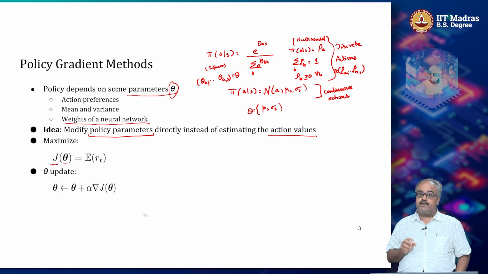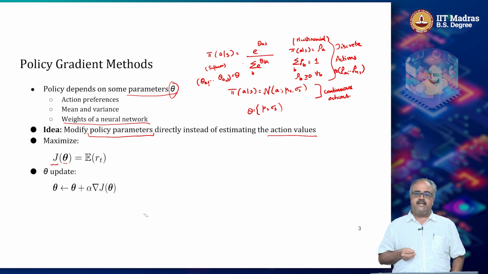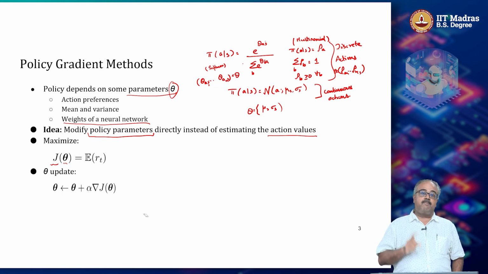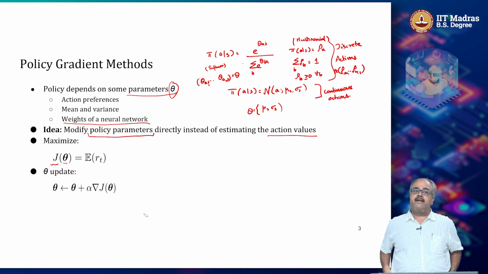So whenever I change the value of theta, I am actually changing the policy itself. If I fix my values of theta, I fix my policy pi. So for my particular policy pi, J of theta gives you some kind of a performance metric.